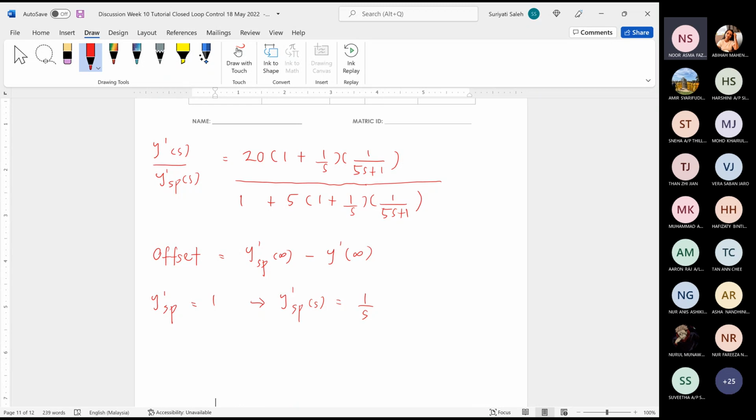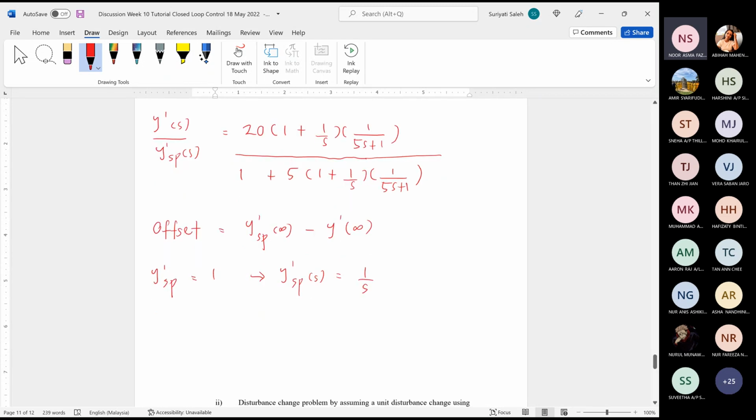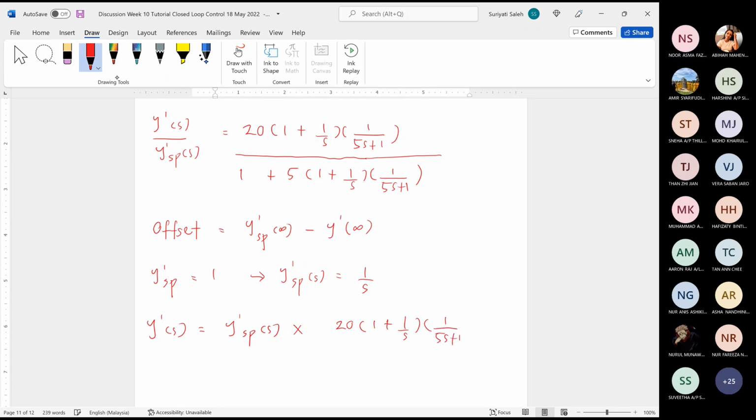Now we want to find y prime infinity. In this case, we rearrange y prime S equal to y prime SP S multiplied with the equation 1 over 5S plus 1 divided by 1 plus 5, 1 plus 1 over S, and 1 over 5S plus 1.